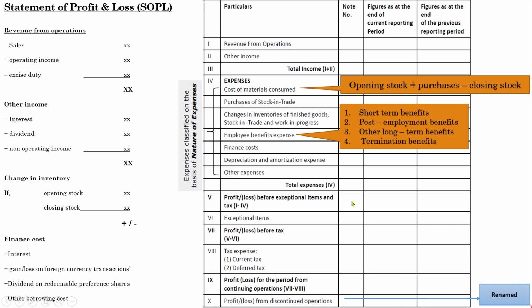So it will be either profit or loss. After that, next one, exceptional items. It may be given in the question.